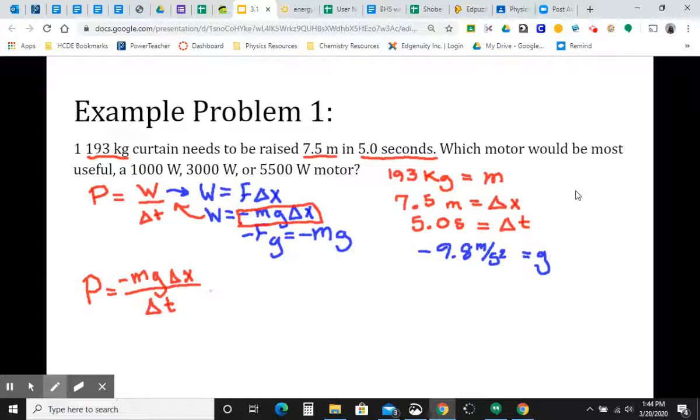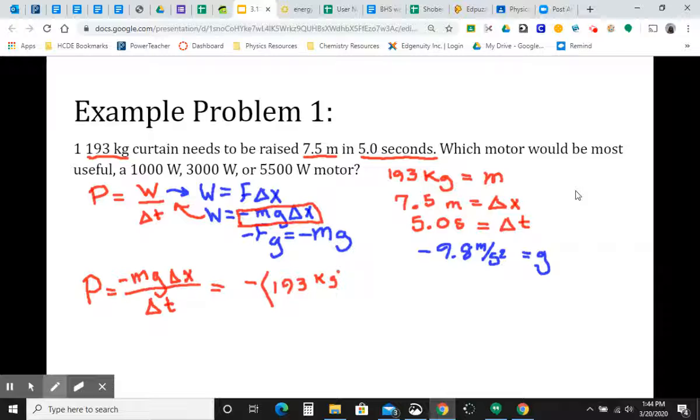So I'm just going to write a little equal sign because we're just going to sort of replace all of our variables over here with their actual number value. So P equals, okay, well, negative, that's still just a negative. Then I want to write my mass, which is 193 kilograms, and my parenthesis got a little bit away from me there, so I do apologize.